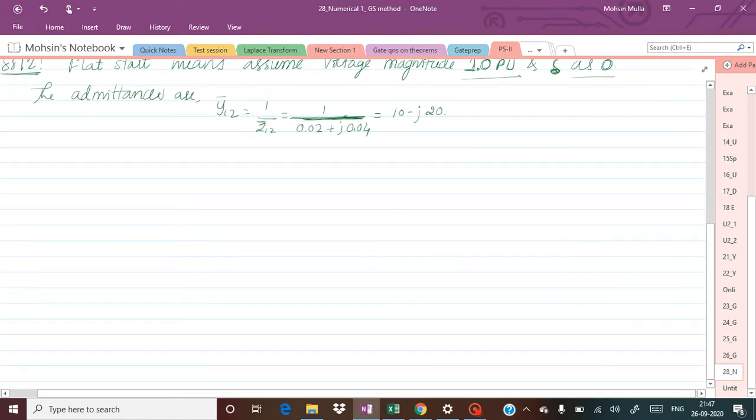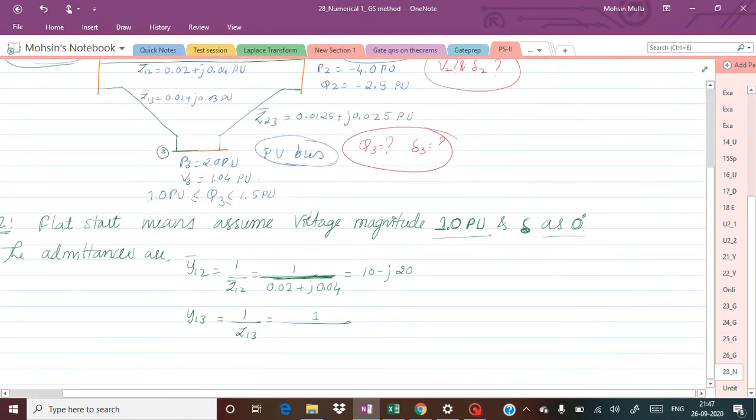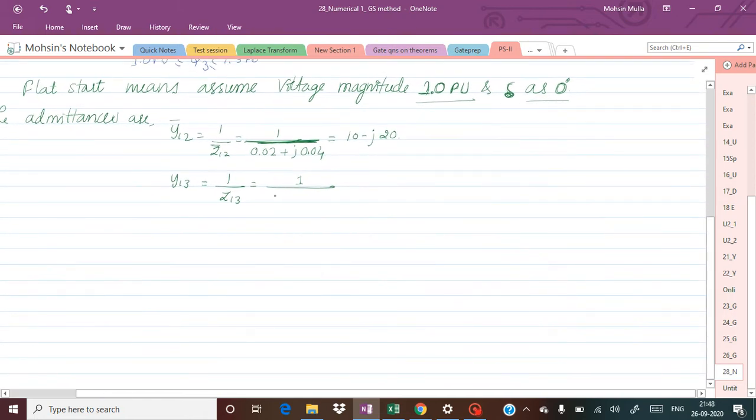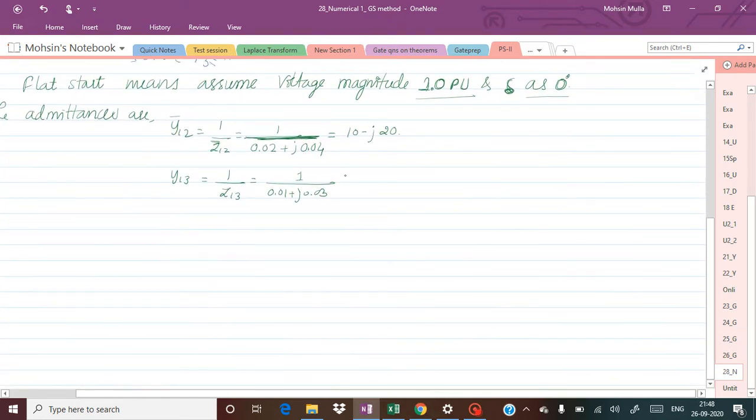Similarly, y13 we can calculate by using 1 divided by z13. Substitute the value of z13. What is z13 here? It is 0.01 plus j0.03.